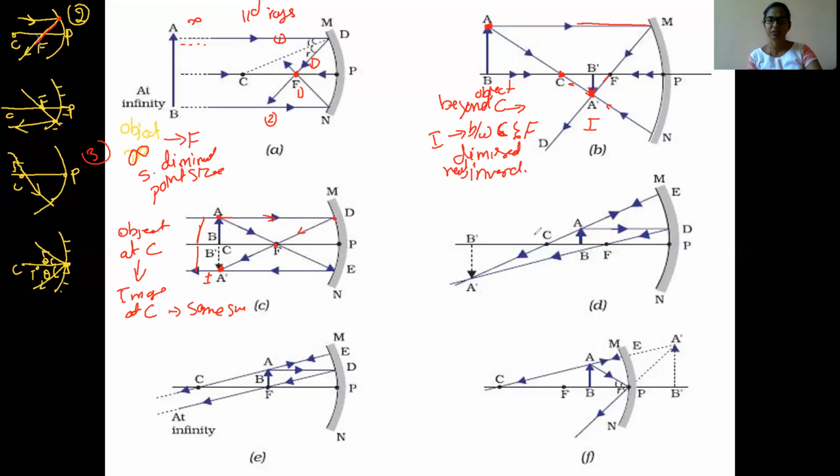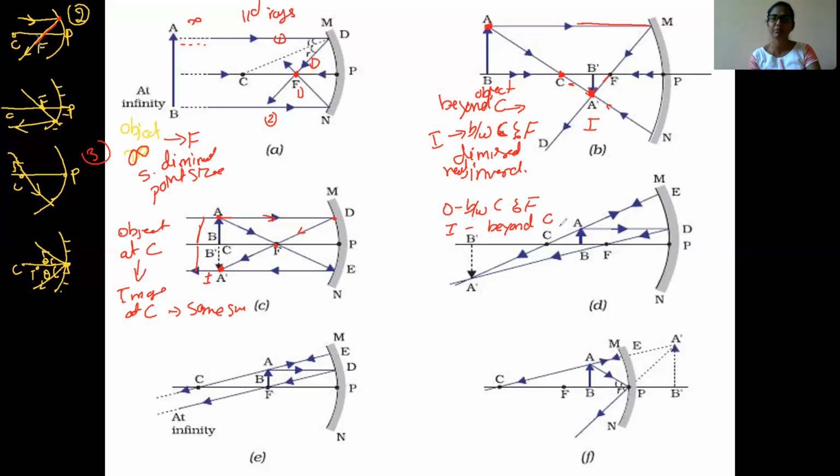And the next, third condition: here we take an object between C and F. When you take the object between C and F, where will you get the image? You will get the image behind C. This is the image.